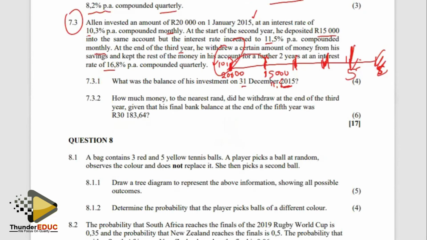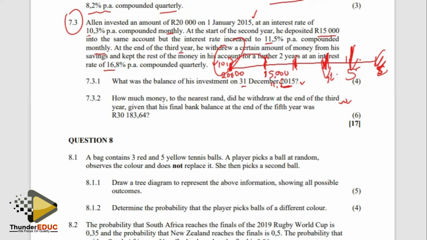Then how much, to the nearest rand, did the person withdraw at the end of the 3rd year? The end of the 3rd year is more like the beginning of the 4th year, somewhere there. So if there's an X amount that was withdrawn, I'll look at the 20,000 that grew to that.